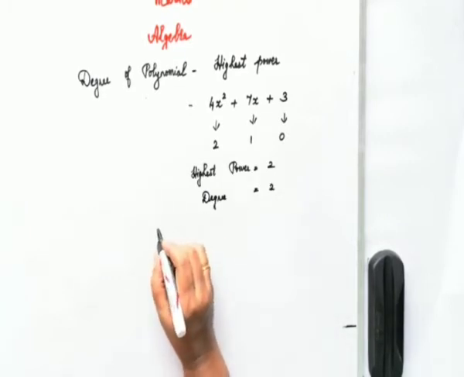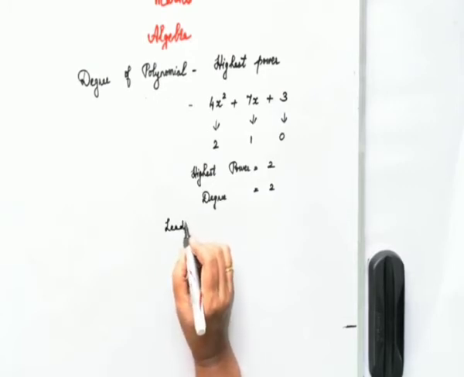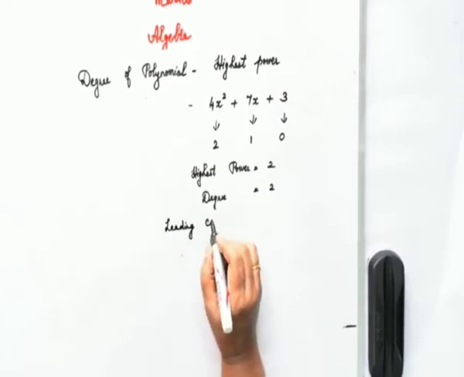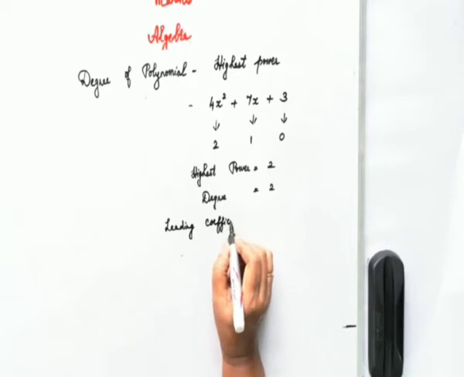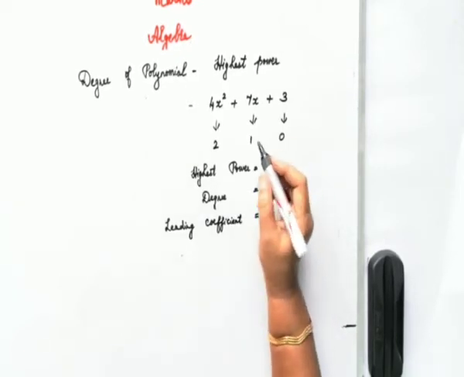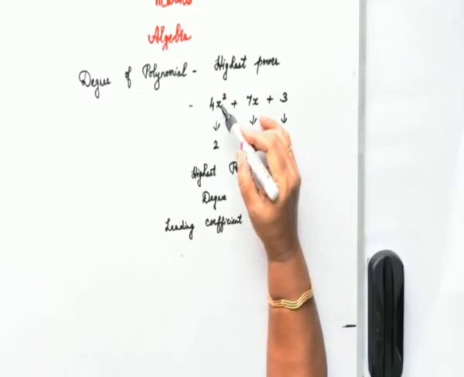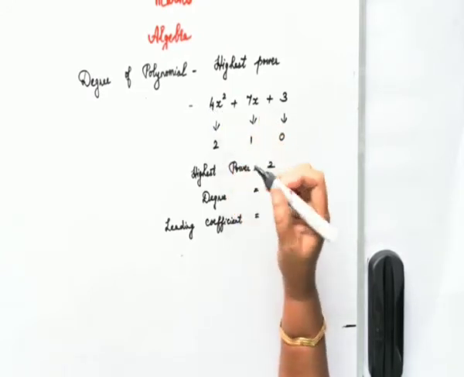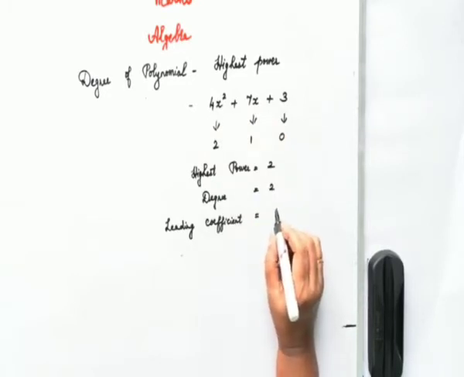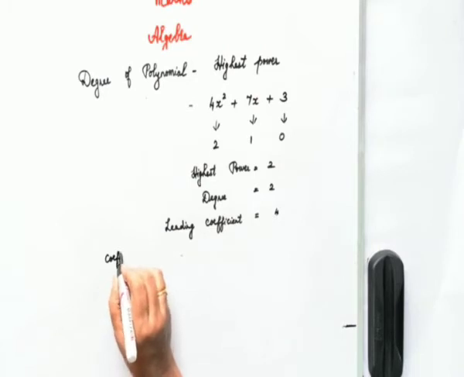Now let us see what is the leading coefficient. The coefficient of the highest power. Which is the coefficient of the highest power? 4. So the leading coefficient is 4. Now let me explain what is the coefficient.